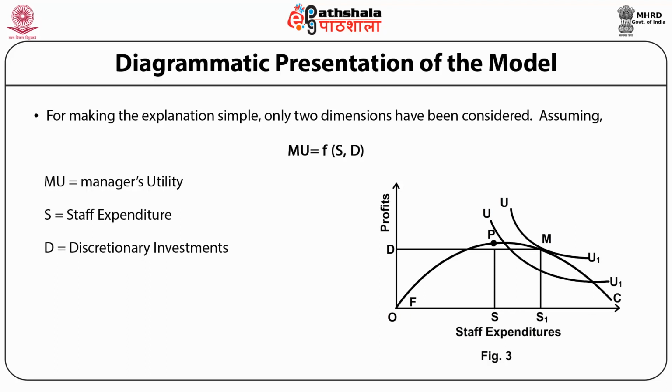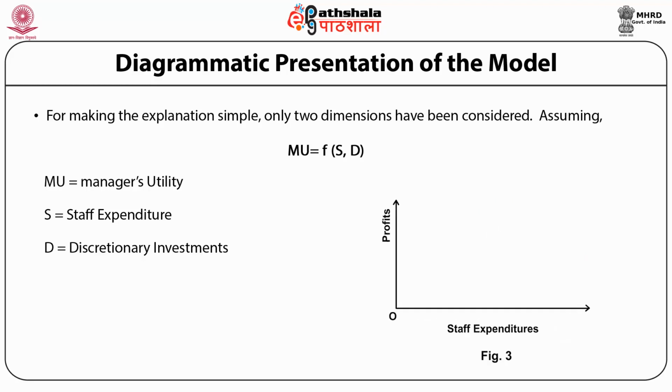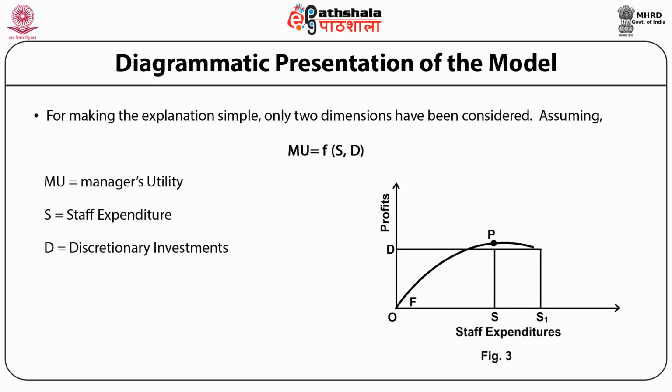In the diagram, discretionary profits DP are shown and measured along the vertical axis, while staff expenditures S on the horizontal axis.